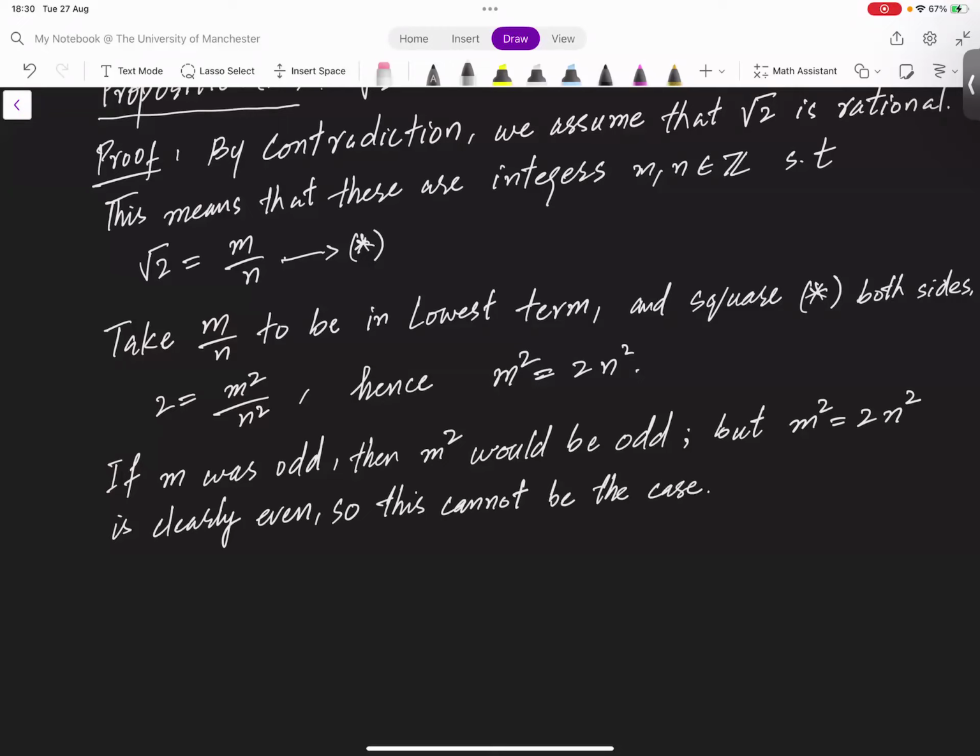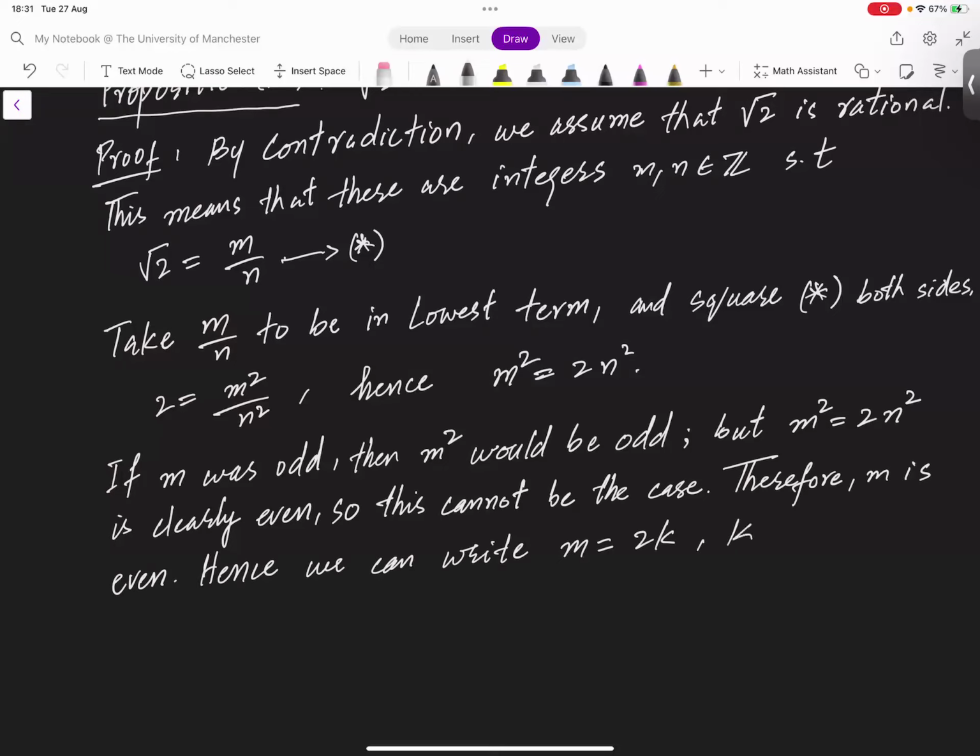Therefore, m is even. Hence, we can write m is 2k, where k is some integer.